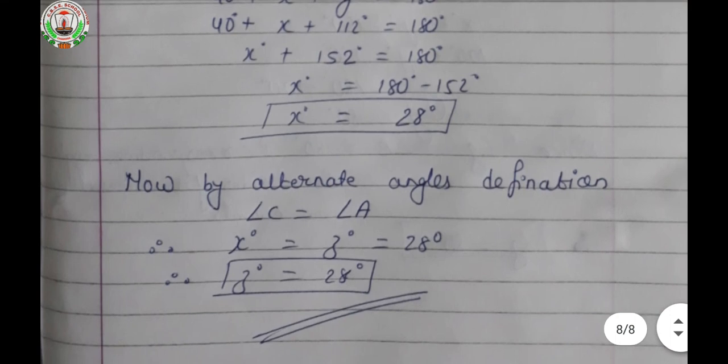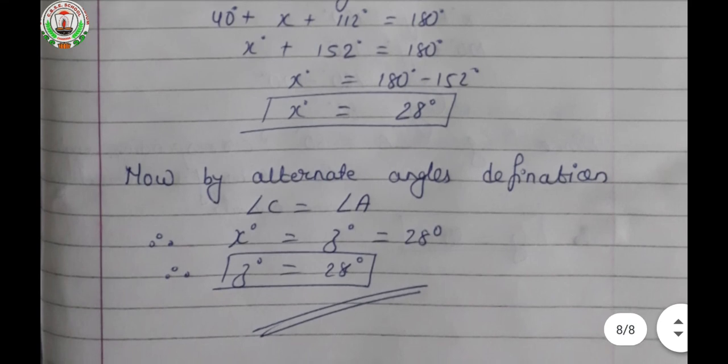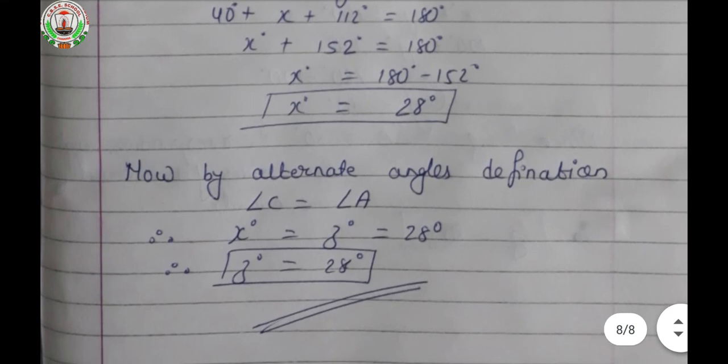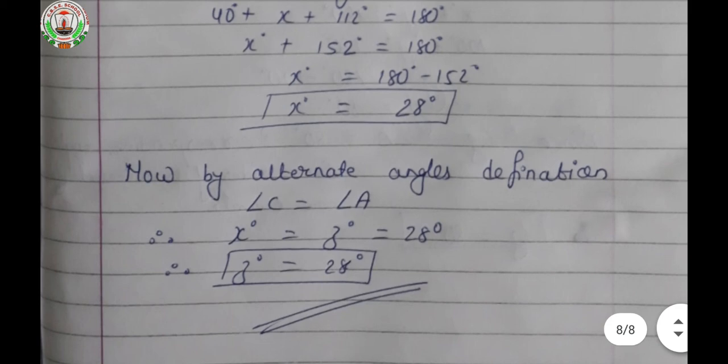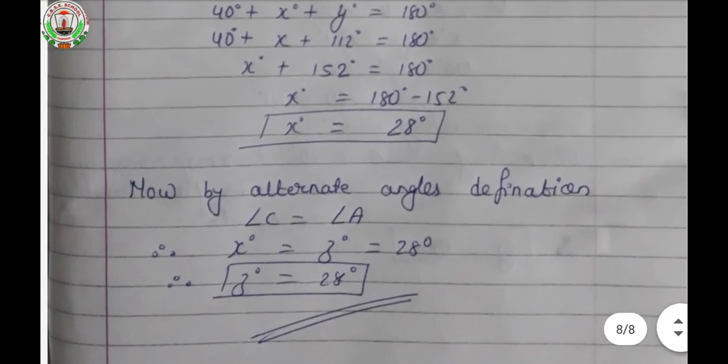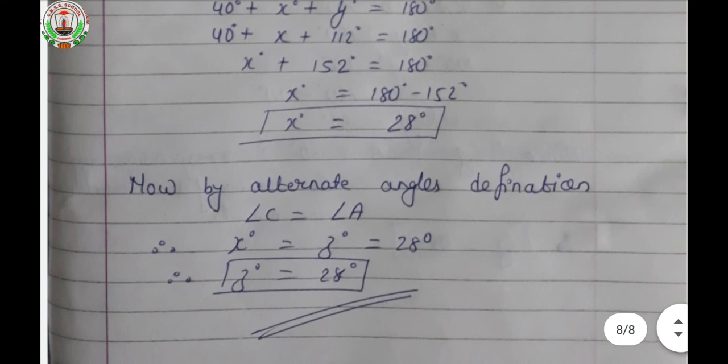Due to alternate angles, angle Z will also be equal to 28 degree. So have you understood the question everyone? So please, while doing the questions, once again read out the definitions as well as the properties of all the classifications of the quadrilaterals in the exercise. Then only will you be able to solve the exercise.